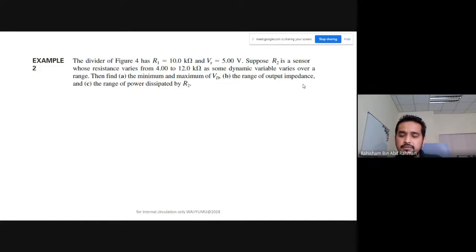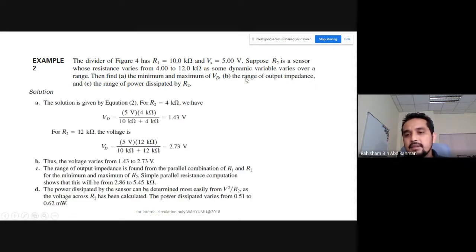The output impedance of the resistor is the calculation of the impedance in the parallel condition. So we know the range. When the question asks for the range, we know it's a maximum and minimum.